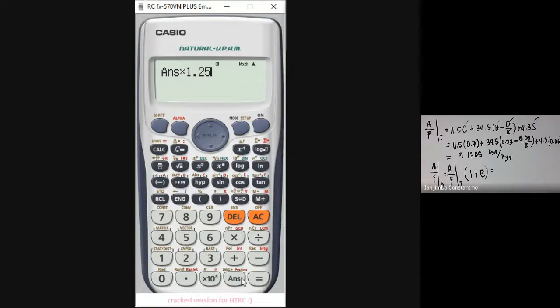So 1 plus 25% excess air gives 11.4631 kilogram air per kilogram fuel. So that is your actual air fuel ratio, and then the theoretical air fuel ratio.